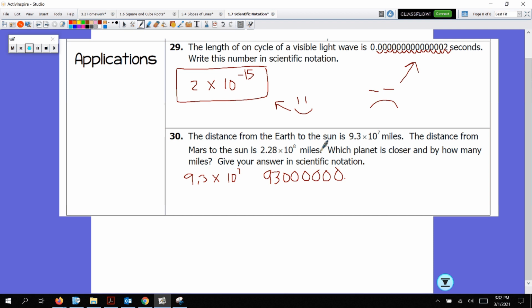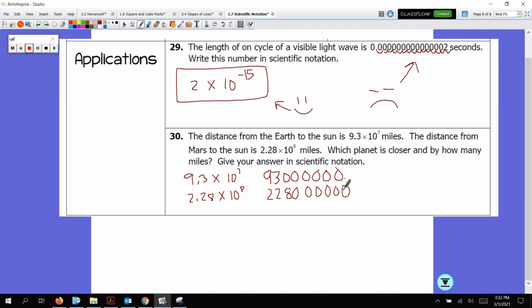All right, let's convert the distance from Mars to the Sun to standard form. 2.28 times 10 to the 8. Now I need to move it 8 times, okay? So there's 2 digits right here with the 2 and the 8. So that's 1, that's 2, and then followed by zeros. 3, 4, 5, 6, 7, 8.